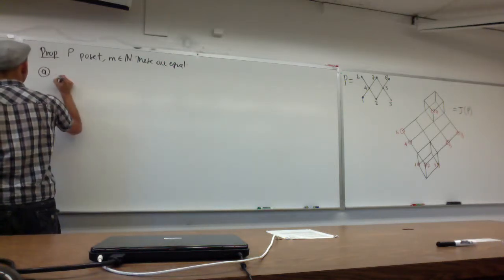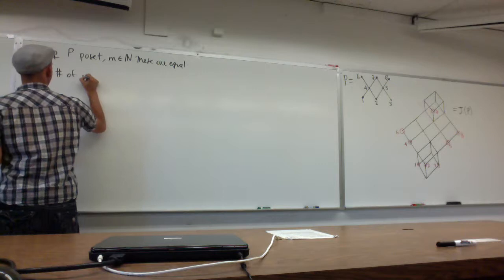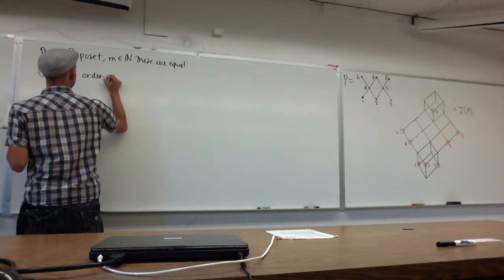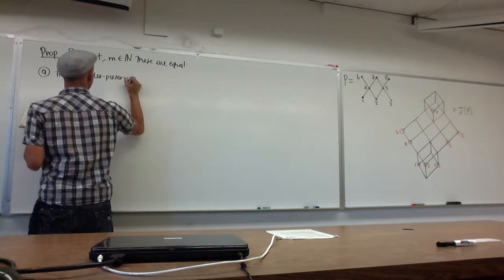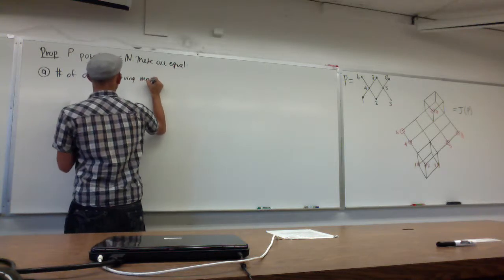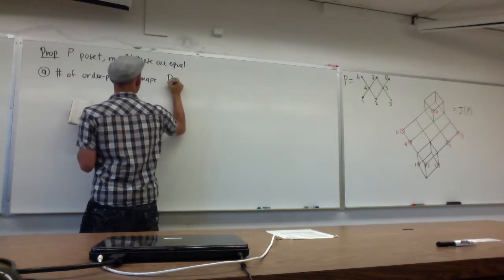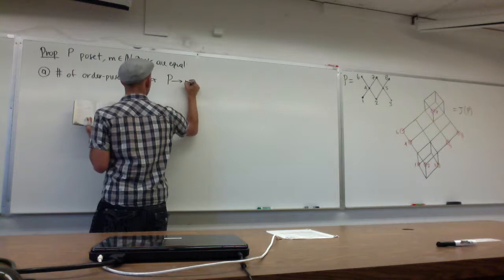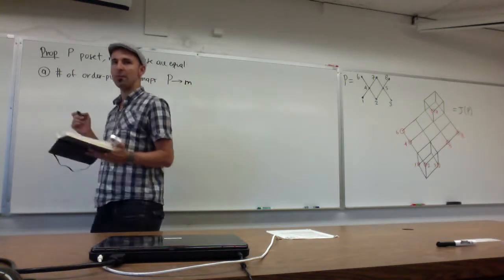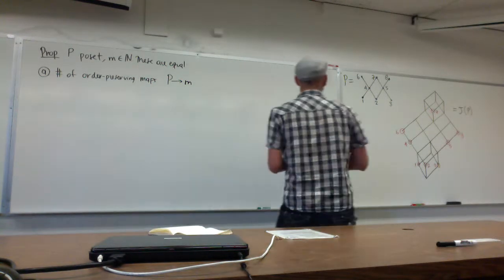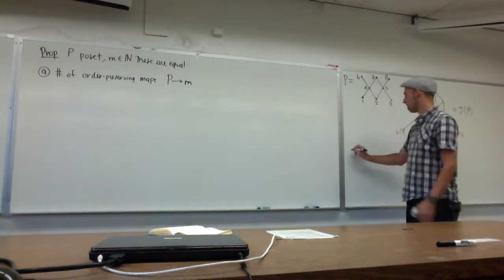One, the number of order-preserving maps from your poset P to the chain of m elements. So meaning that you have some chain of m elements here.